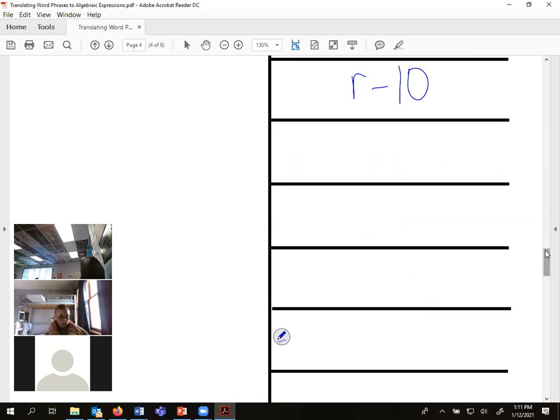As I said, this one's kind of tricky. We want to take a number plus 14 and twice that, twice that whole thing. Anna, what do you do? Yeah, and I'm going to put the 2 right there. So you see twice a number and 14, or a number plus 14.